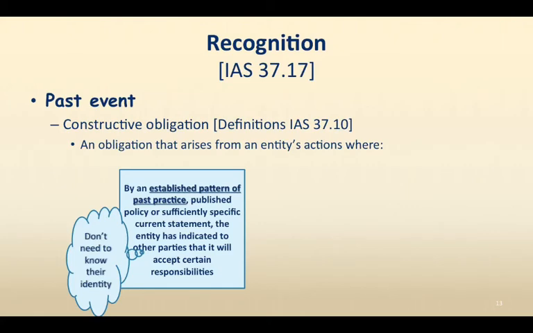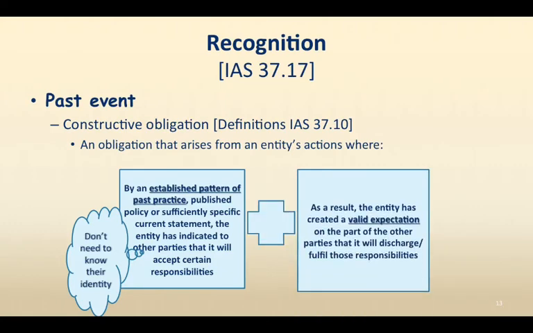So customers expect something from the entity because of its actions, for example the past practices or the policies that it has. As a result, the entity has created a valid expectation on the part of the other parties that it will discharge or fulfill those responsibilities.